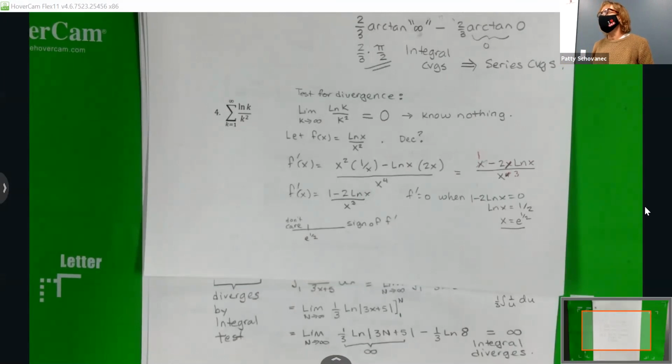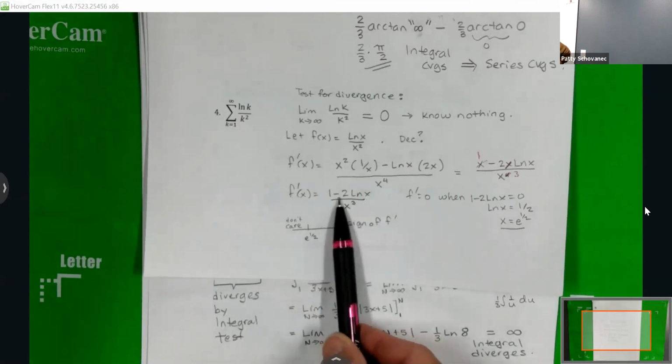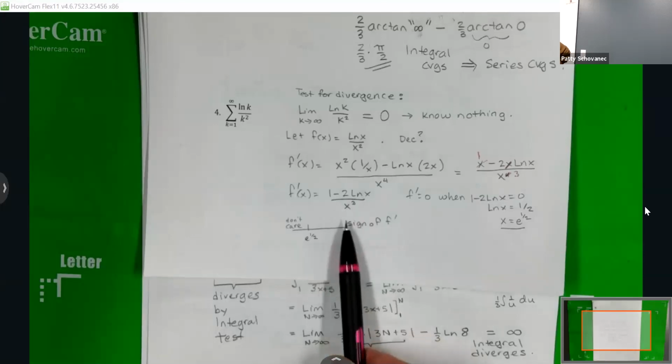E is 2.7-ish, so the square root of e is not quite e, right? Square root of e is going to be smaller than e. So if I use e as my test point, I put an e right here. The natural log of e is 1. 1 minus 2 is negative.